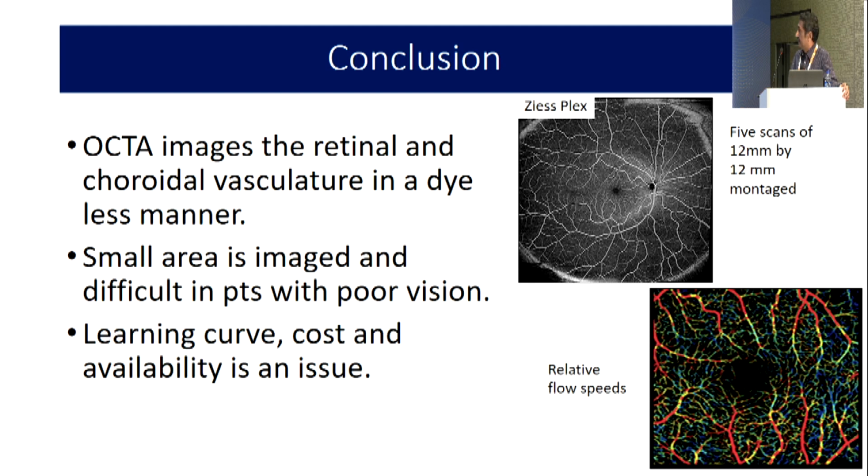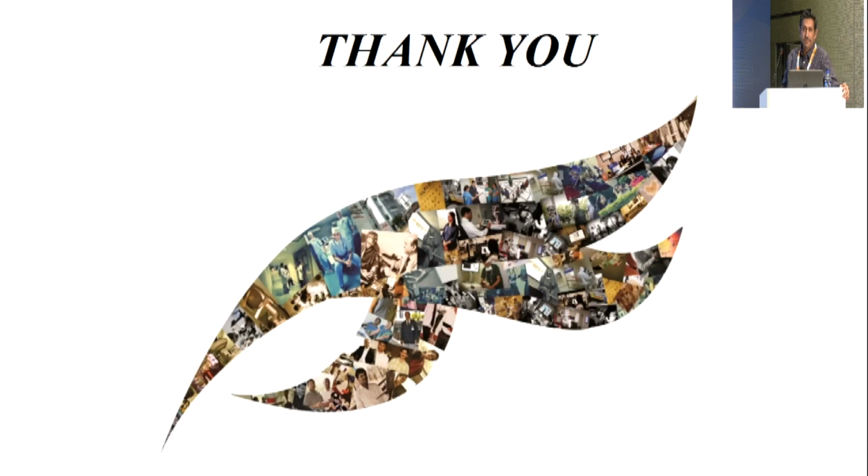So it will image the flow also. Right now it just tells whether RBCs are there or not, but it does not tell about the flow. So the higher flow could be the arteries and lower could be in the veins. So all these things are coming up. So thanks for a patient hearing.